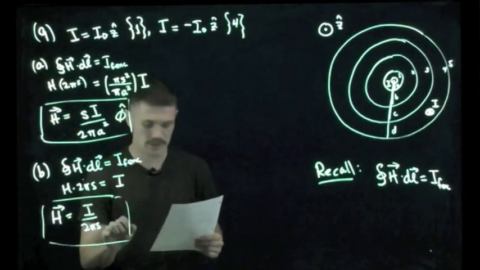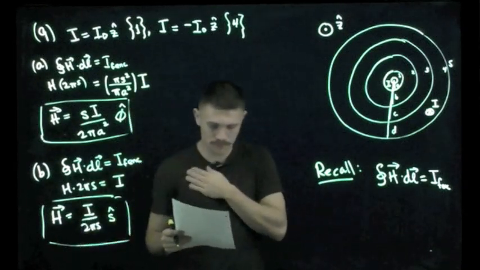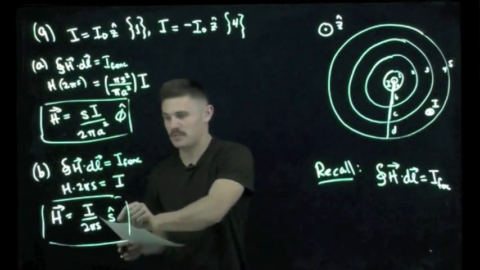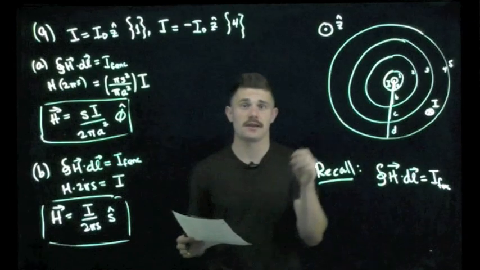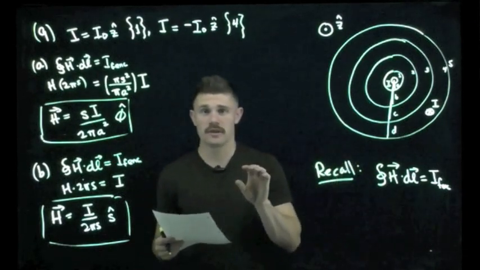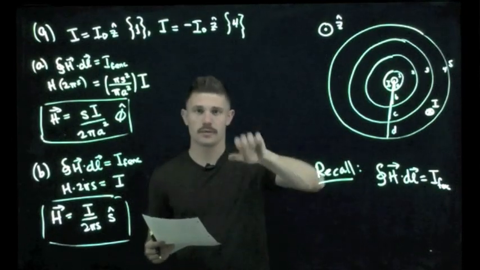And I believe this is in the S hat direction. Excuse me. And this is as expected, because this is the same magnetic field that we would expect if we just had a line of current with your current pointing in the z hat direction and your magnetic field flowing around.